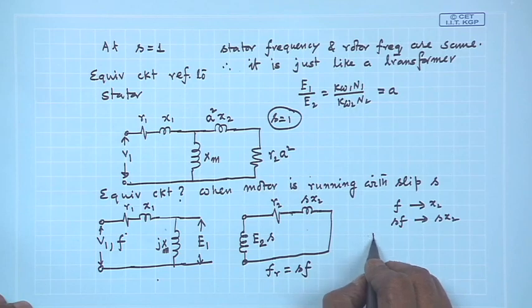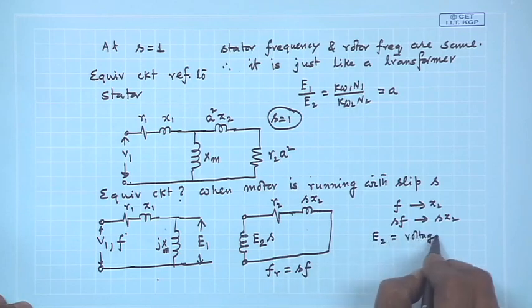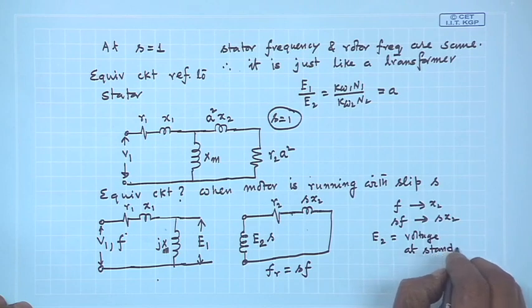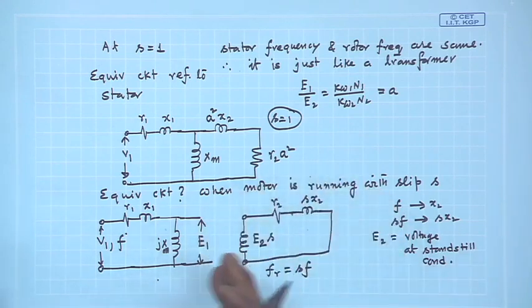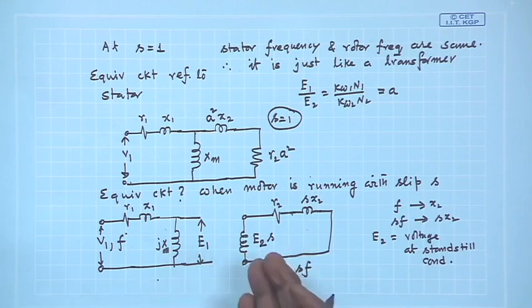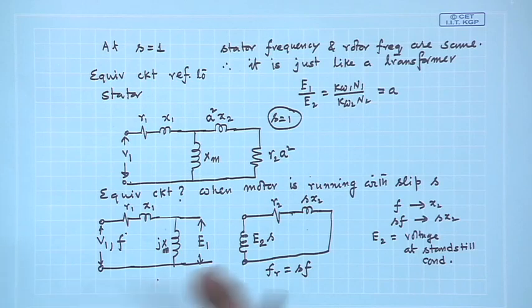So, mind you, this E 2 is the voltage at standstill condition. Now, see here also, E 1 by E 2, this voltage by this voltage, is no longer simply a turns ratio; there is an S factor coming in.